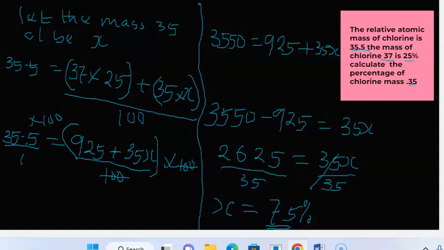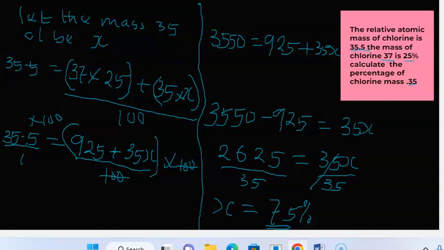And you know there is a plus in between 925 and 35x, so you multiply as a bracket, as a whole. You don't multiply individually. Since there is an addition here, you put a bracket, then you multiply the 100 on top. Then when you multiply 35.5 by 100, you get 3,550. Then here 100 and 100 cancel each other. You get 925 plus 35x.